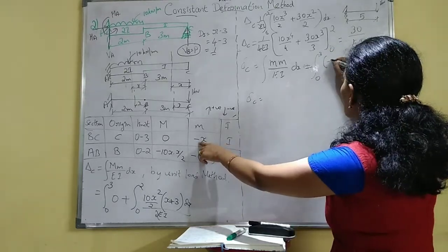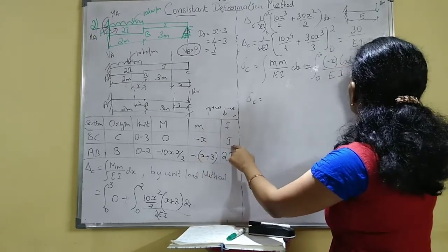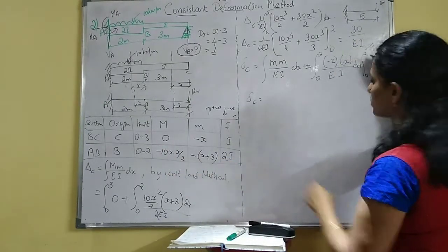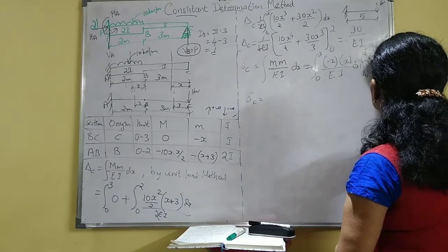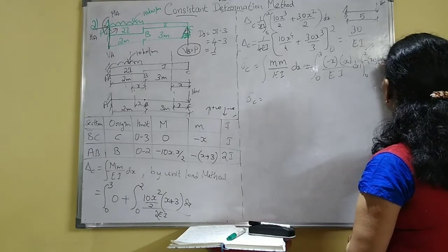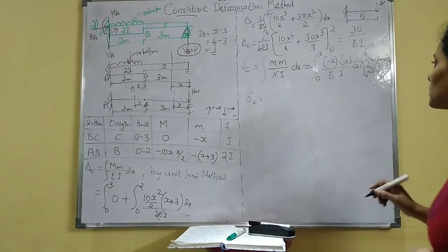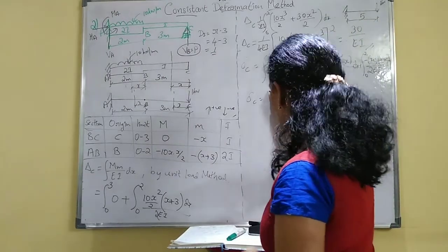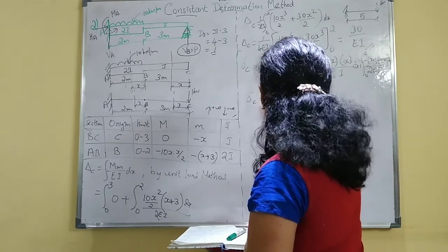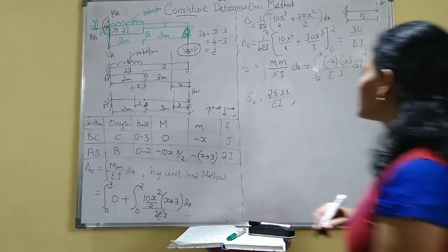For this m is x, so minus x into minus x divided by EI, I is EI, plus 0 to 2, you have minus (x plus 3) dx by EI, where I is 2, so it is 2EI. Just simplify and get the value. After integration, you have 25.33 by EI.